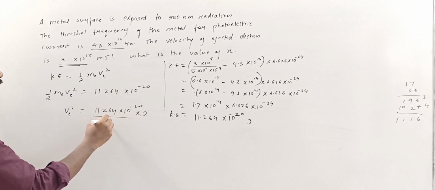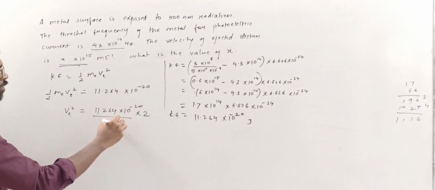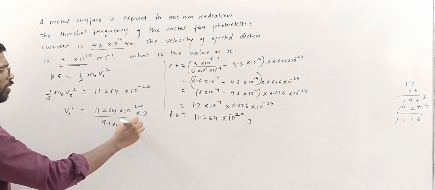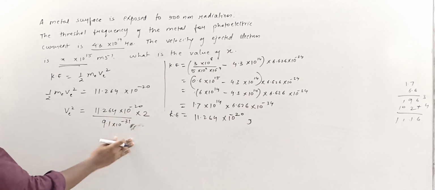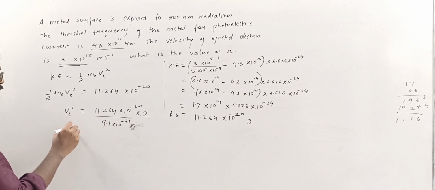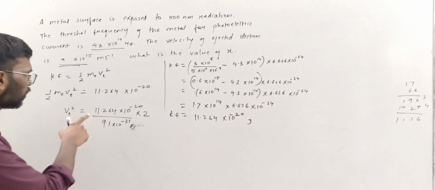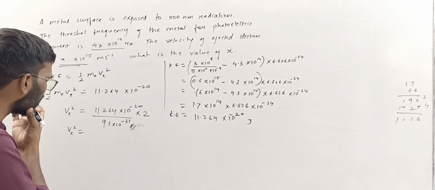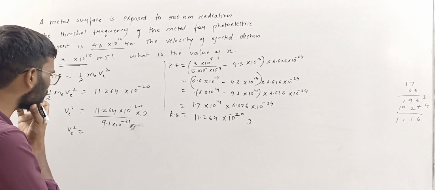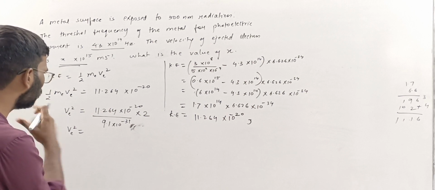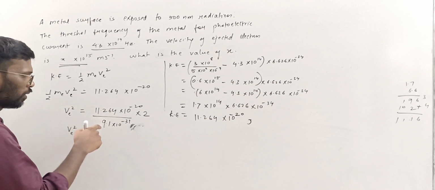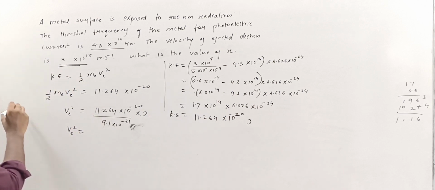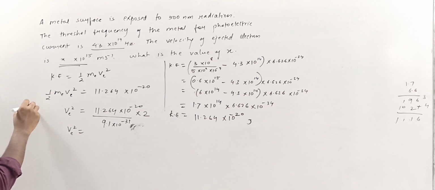The mass of the electron is 9.1 into 10 raised to minus 31 kg. So the velocity squared is 22.52 divided by 9.1, almost 9.